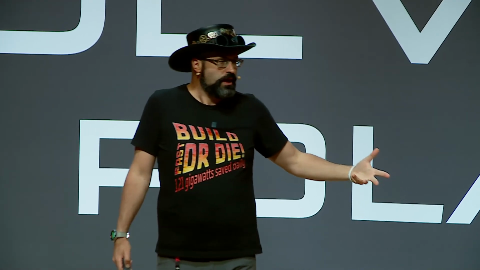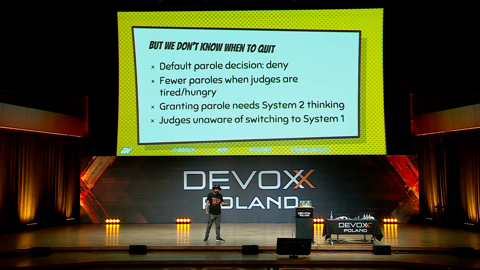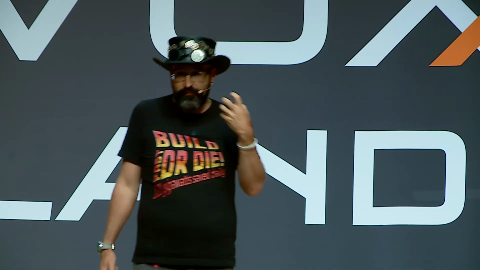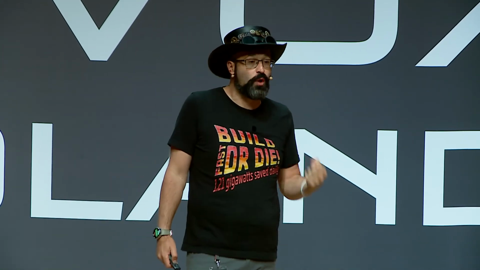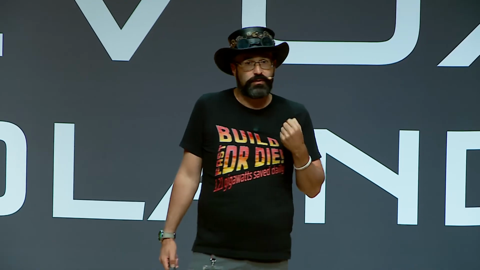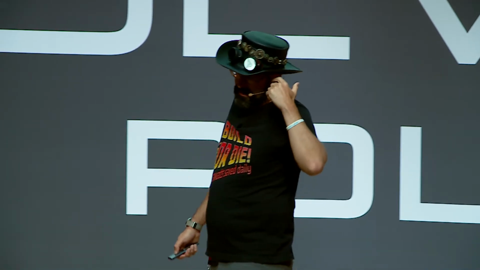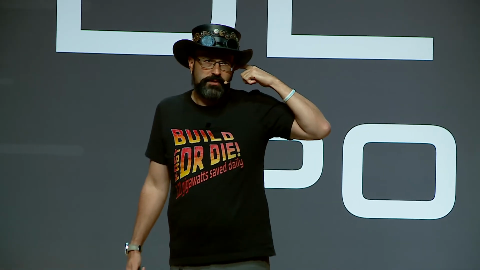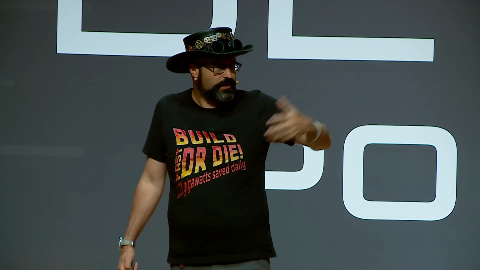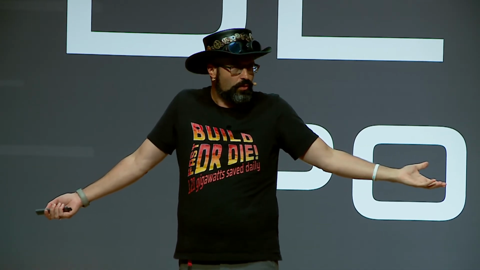And judges were unaware that they stopped reasoning with System 2 and fell back to the default of System 1 of just denying parole. Now, this is extraordinary not only because it's a big deal. People are getting out of prison or not based on whether the judge is hungry or tired.